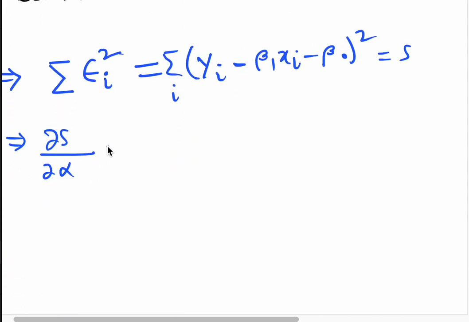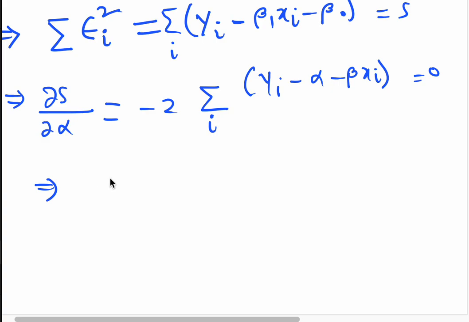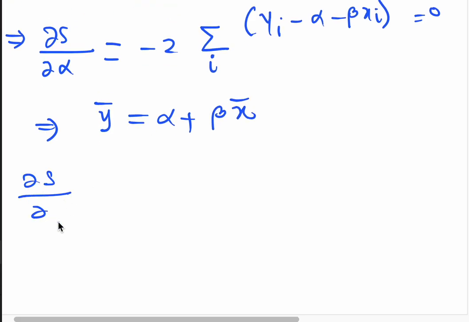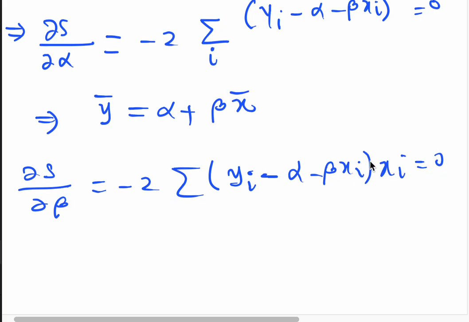The derivative of S with respect to alpha is minus 2 summation of i, yi minus alpha minus beta xi, equal to 0. So this will become y bar equal to alpha plus beta x bar. Similarly, when you take the derivative of S with respect to beta, that will be minus 2 summation of yi minus alpha minus beta xi, into xi, equal to 0.